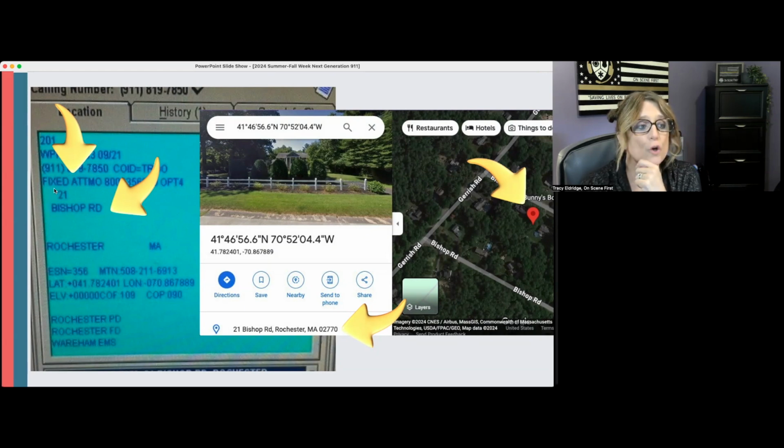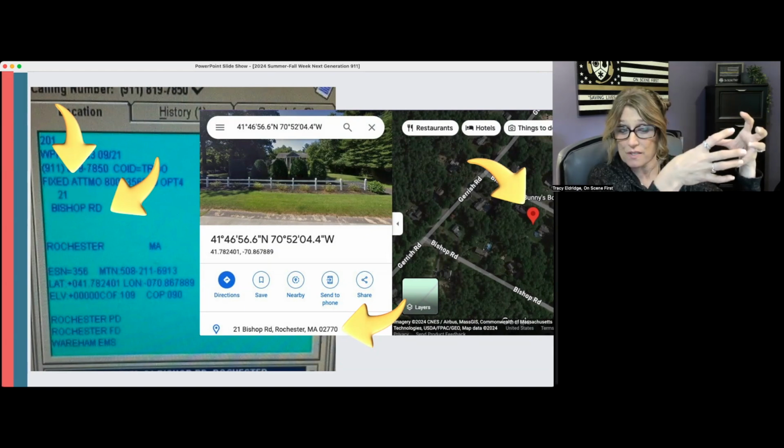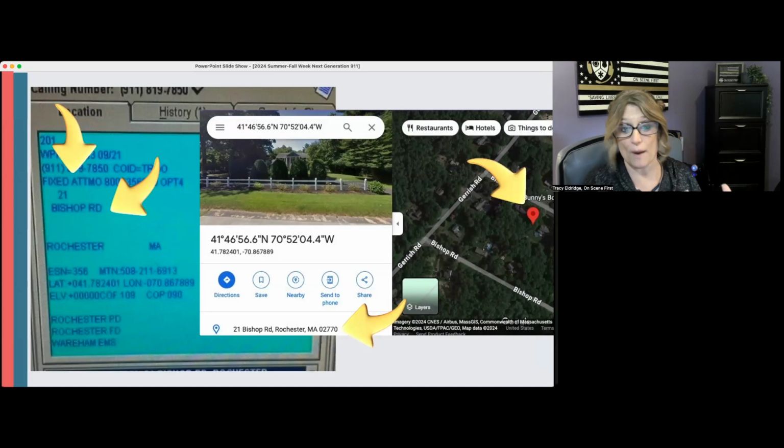Here it says fixed ATTMO, so fixed AT&T Mobility. That should tell me right off the bat that if there's something wonky with this, it's because they got a little thing in the house that is changing stuff around and it's not coming through traditionally. And this was one of those situations.